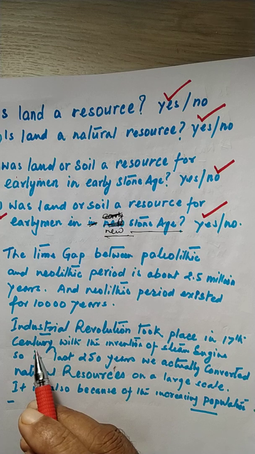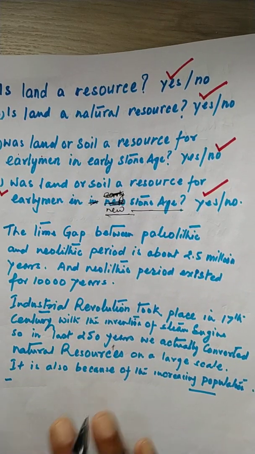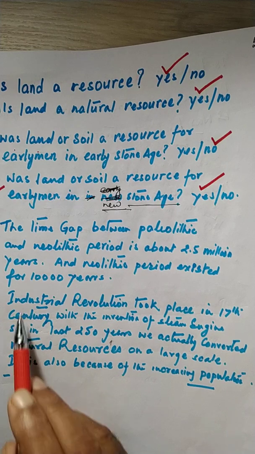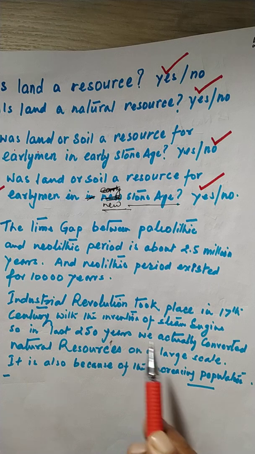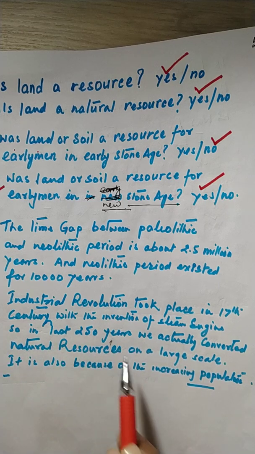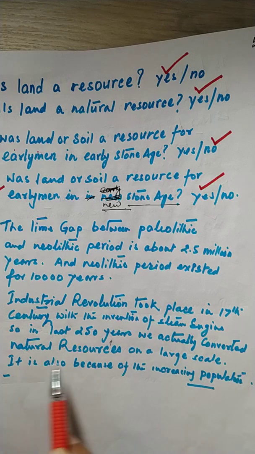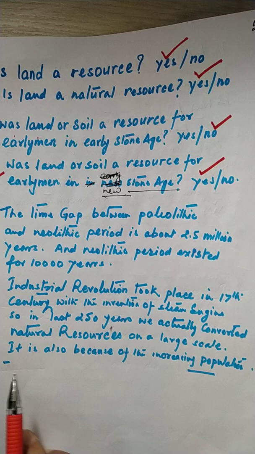Almost 3 million years. But here the industrial revolution took place in 17th century with the invention of steam engine. So in the last 250 years we actually converted natural resources on a large scale. Now it is also because of increasing population.